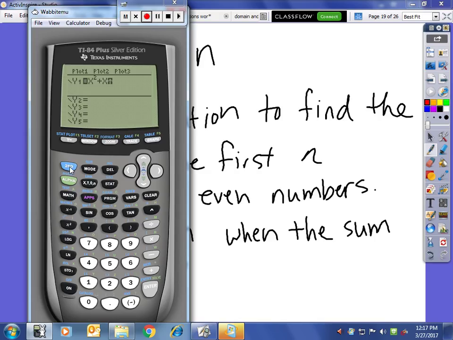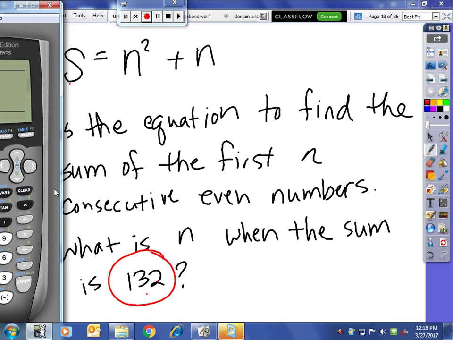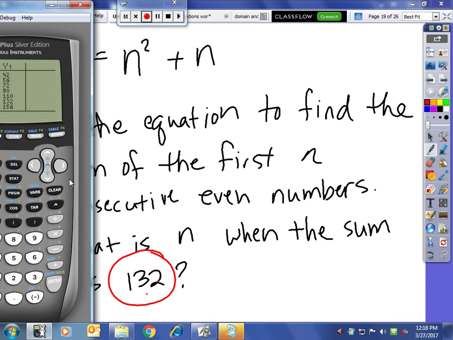We could also look at the t-chart. The problem is you can't control what the y values will be, and we're talking about a y value of 132. Every once in a while you'll get lucky though, and you'll get a nice whole number value for x. When does this function equal 132? When x is 11. And I found it in the t-chart.